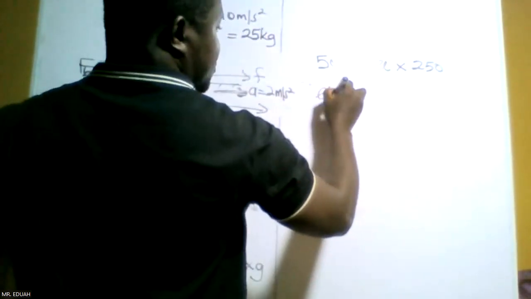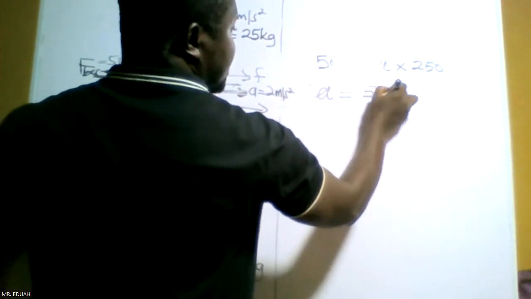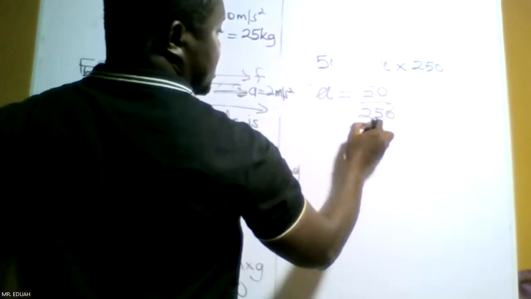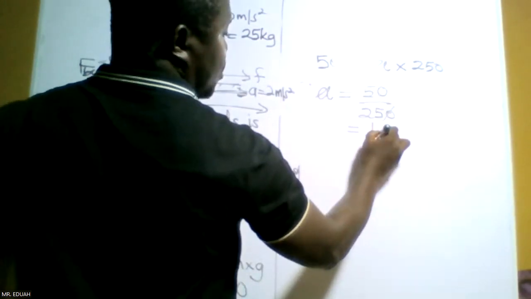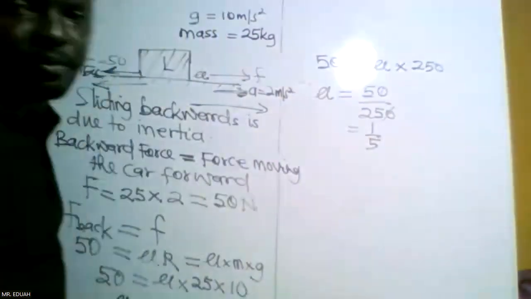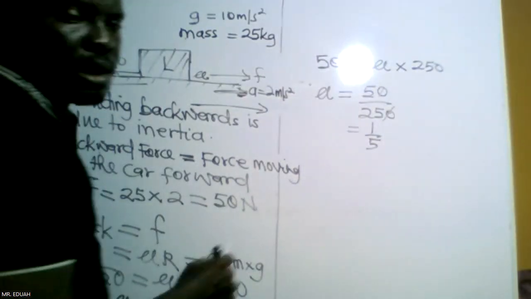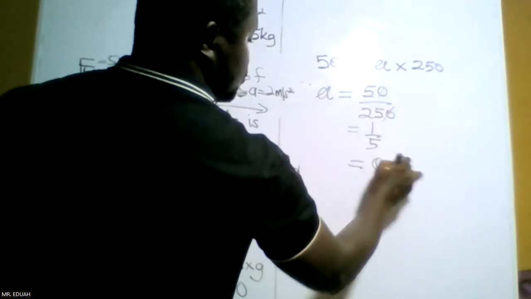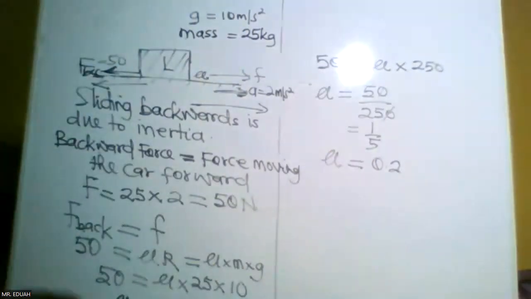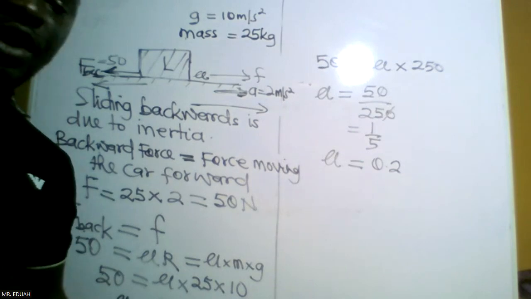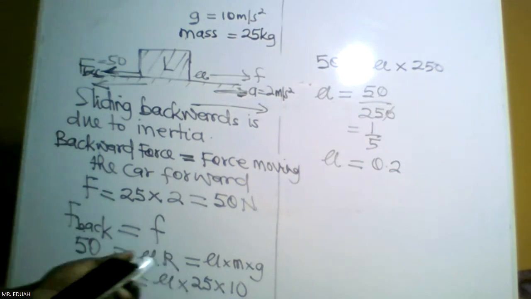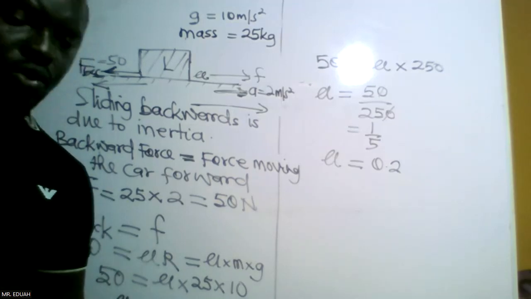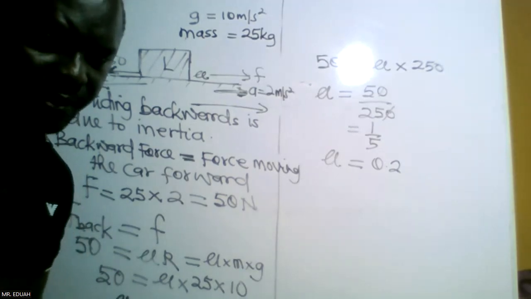Therefore, the coefficient of friction is 50 divided by 250, which is 1 on 5. And so that is equal to 0.2. That is the answer. Don't forget, coefficient of friction has no unit. It has no unit. Please, is that okay?